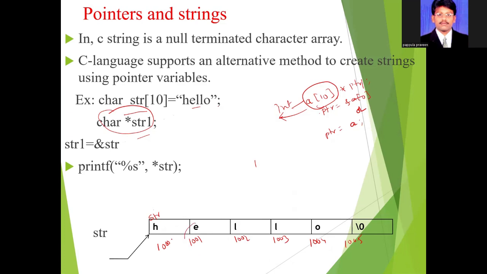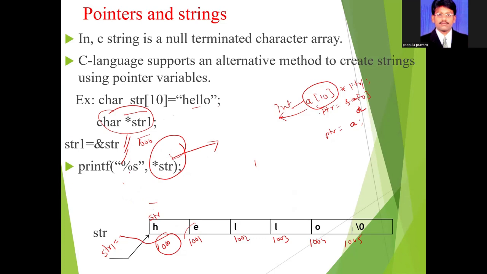So this base address is assigned to str1; str1 equal to base address. It means 1000 is assigned to str1. Now, printf percentage s for the string, character star str1.